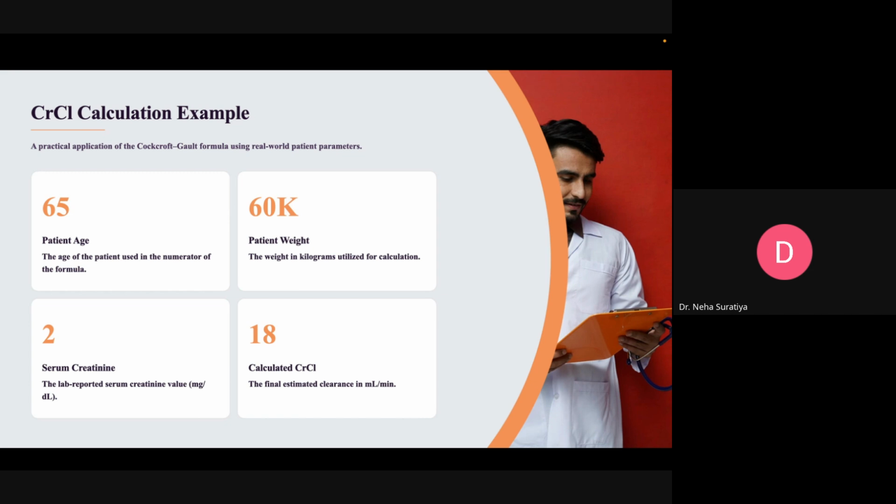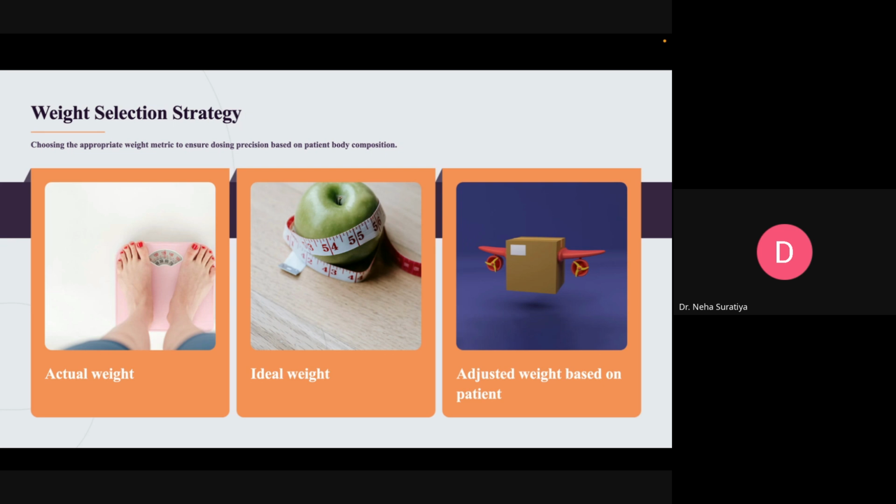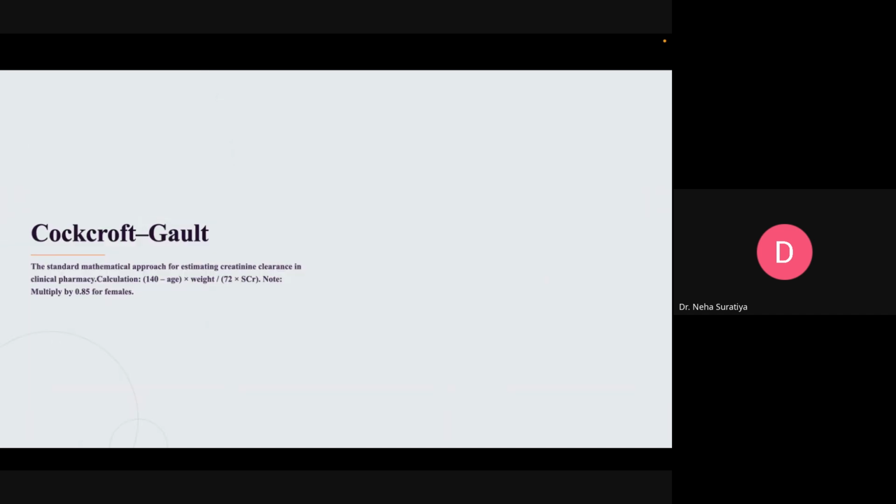But let me know if you are getting the answer 18 or not. 65 is the age, so apply this formula, guys, and calculate. If yes, thumbs up. If no, you can put your queries. Are you getting it?